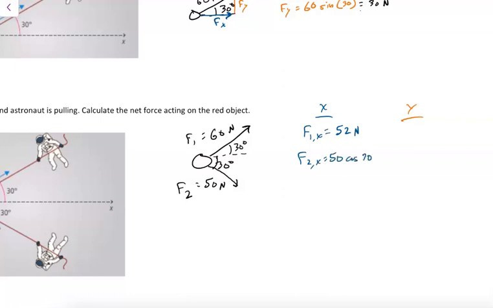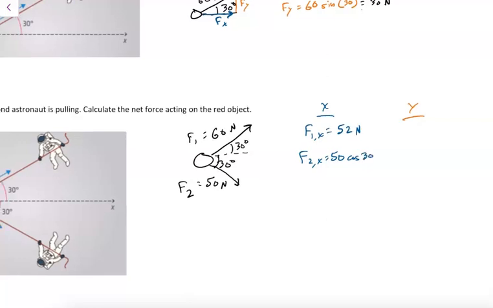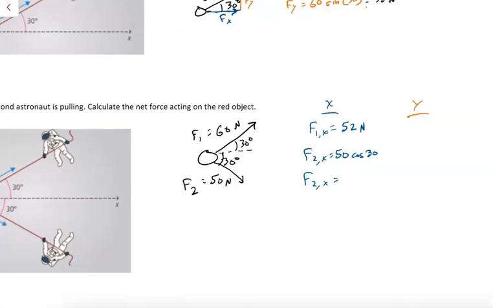It's still the same in this case because the angle is to the horizontal, so we use cosine to solve for the adjacent side. So F2 of x equals 50 cosine of 30, which is 43.3. I'll just round to make this easier.